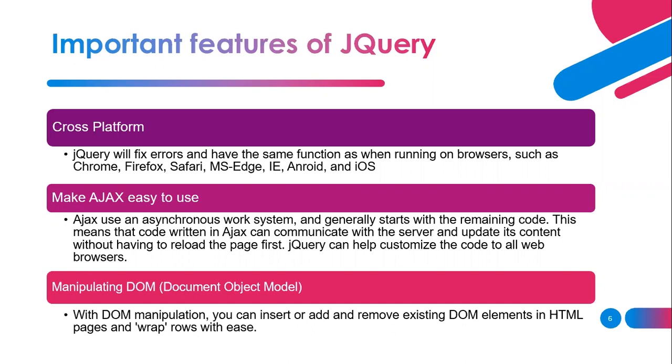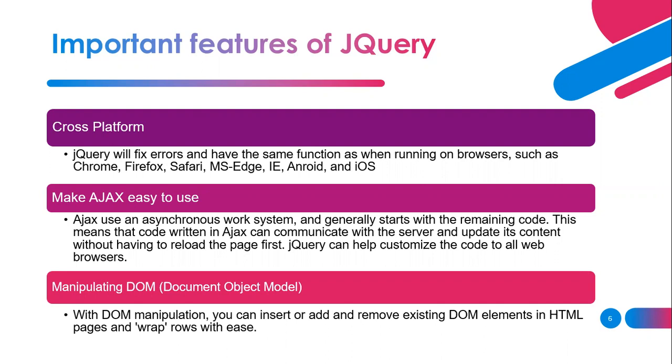And then the third is for manipulating the DOM, or document object model. We also have learned about the DOM before. So the DOM is the web page. When the web page is processed by the browser, it will be transformed into a tree of objects. Maybe you still remember.